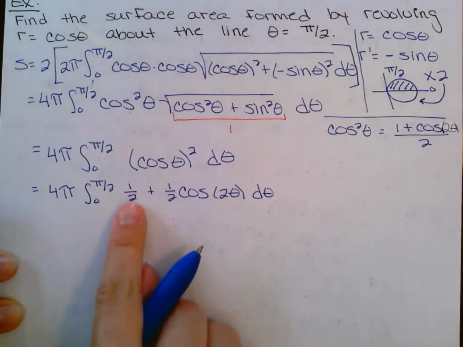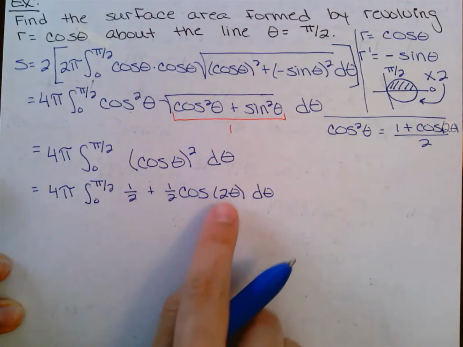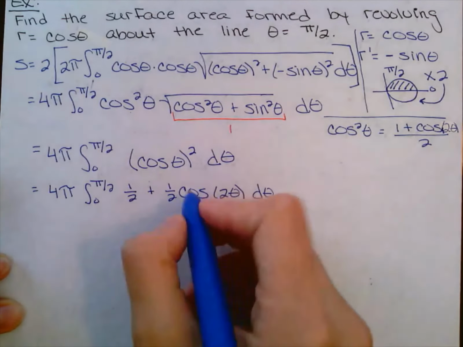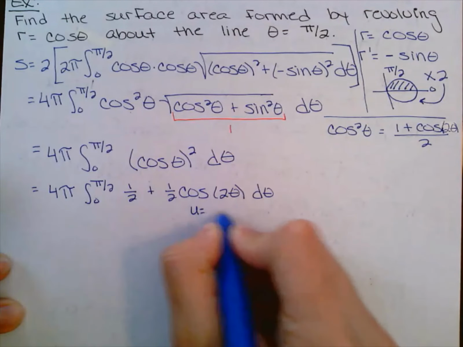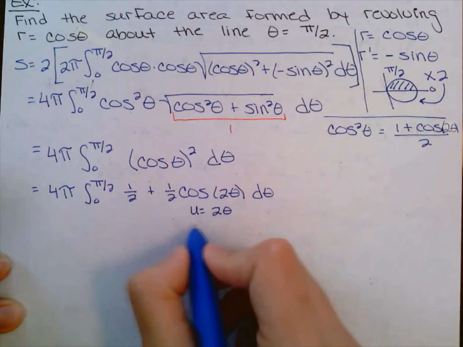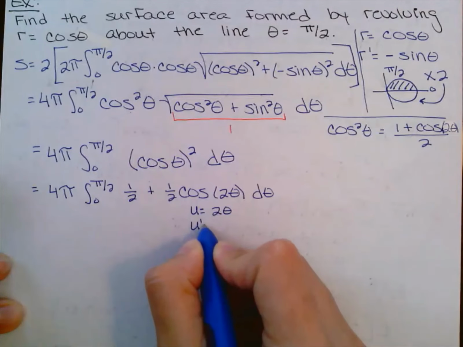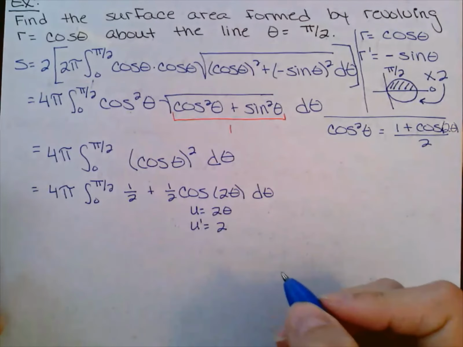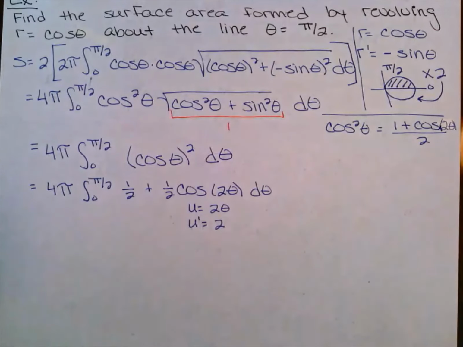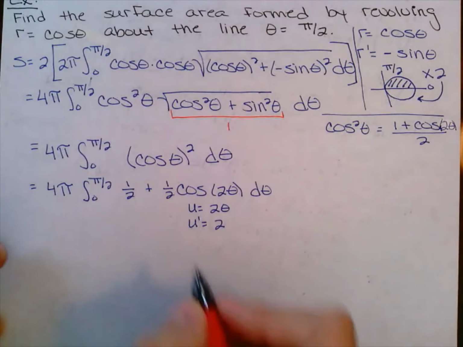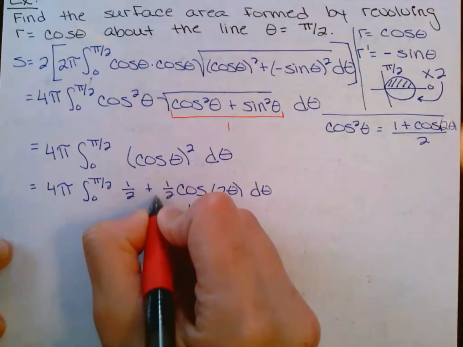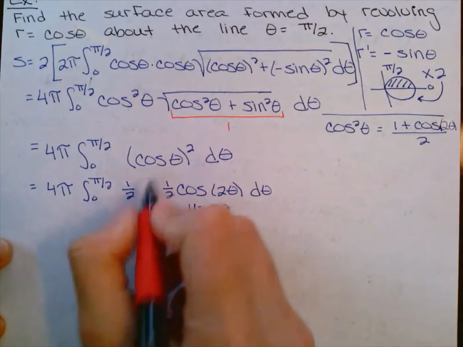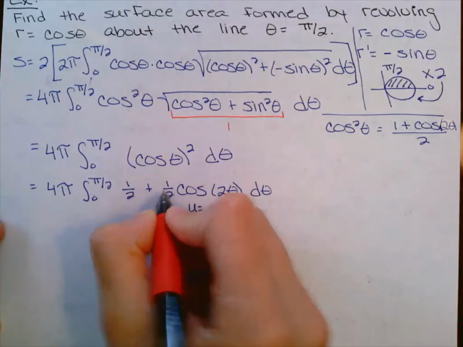Okay, antiderivative of half is going to be easy. Here I have a little bit of a u sub going on, okay? So be careful with that. If my u is 2 theta, then my u prime is going to be 2. If I'm missing that 2, I need to put it, but in addition, also put a 1/2, okay?